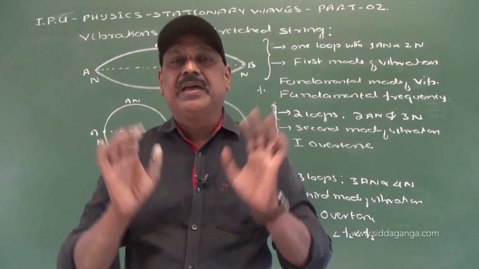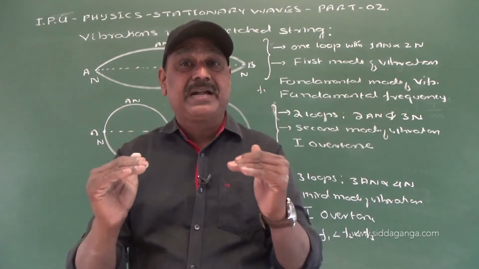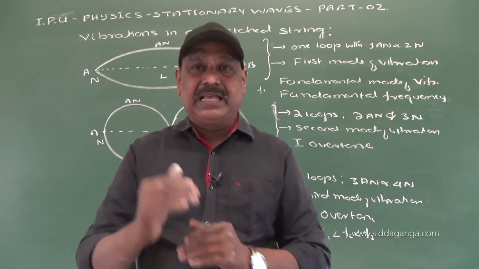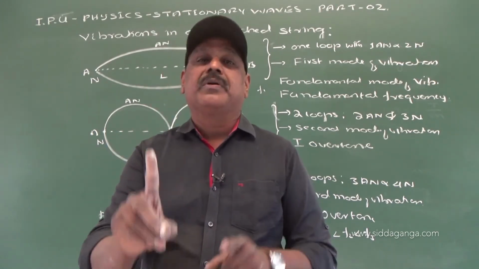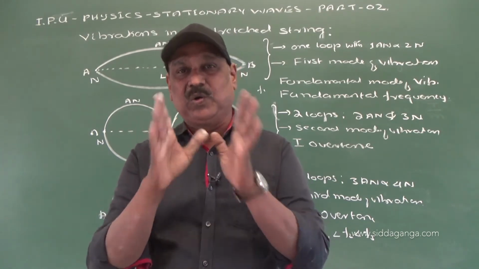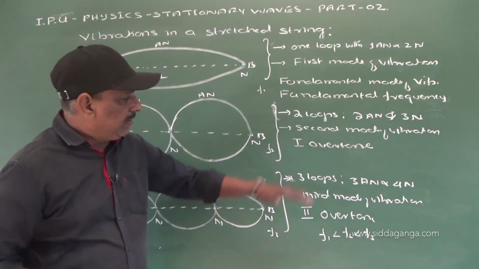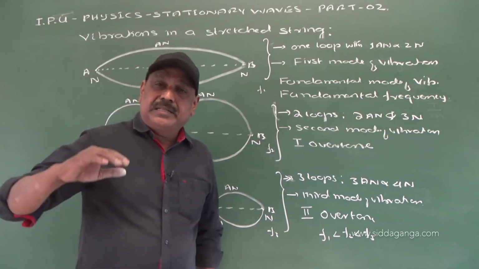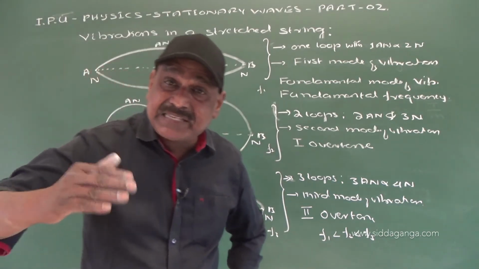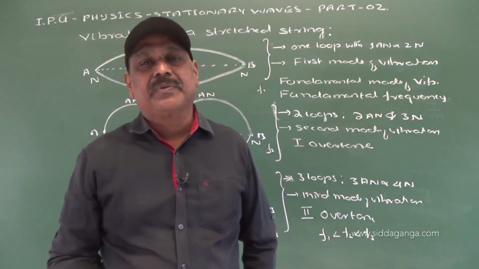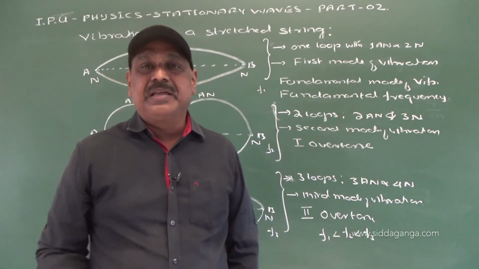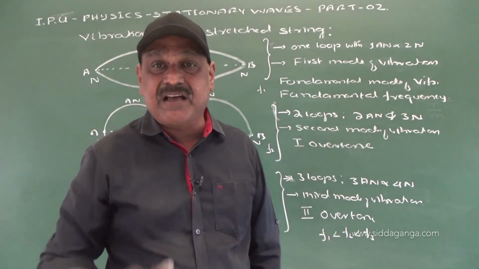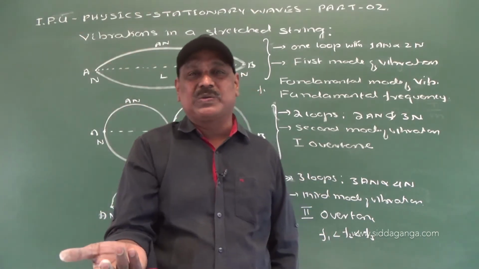The corresponding mode is called the fundamental mode or first mode, and it has one loop, one antinode, two nodes. And what is an overtone? The frequencies of vibration of a stretched string which are higher than the fundamental frequency are called overtones.